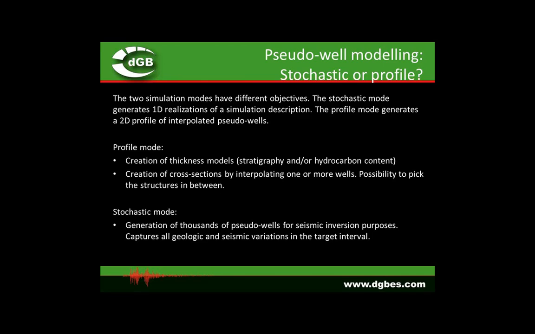The stochastic mode, on the other hand, allows you to generate thousands of pseudo-wells, and that is most often used for seismic inversion purposes. It is such because it allows you to capture all geologic and seismic variations in the target interval into one big family of modeled pseudo-wells.